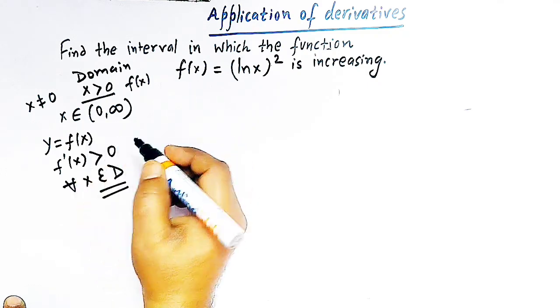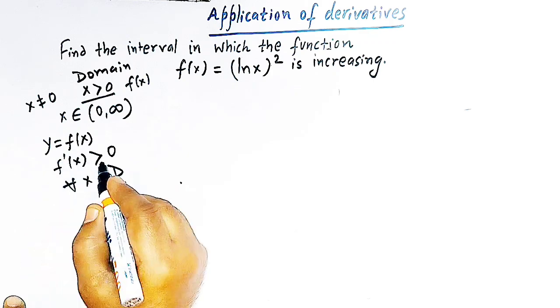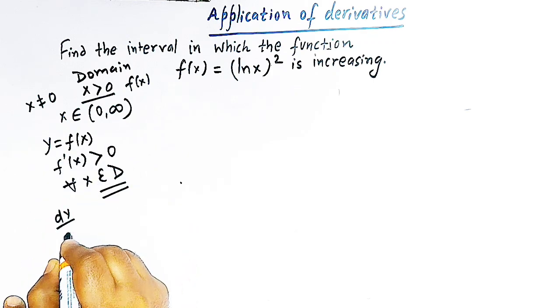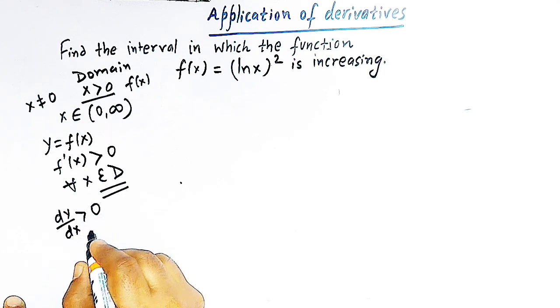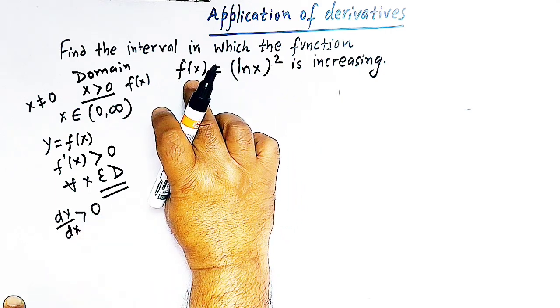So a function f of x is increasing if the slope is positive, that is dy over dx is greater than 0. So here we need to find the derivative of this function.